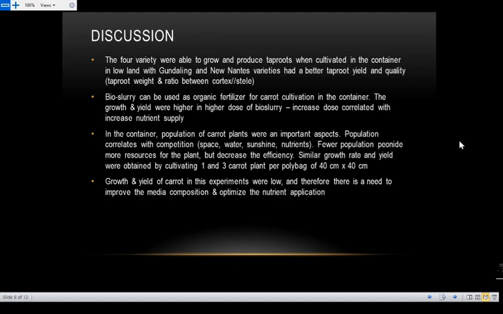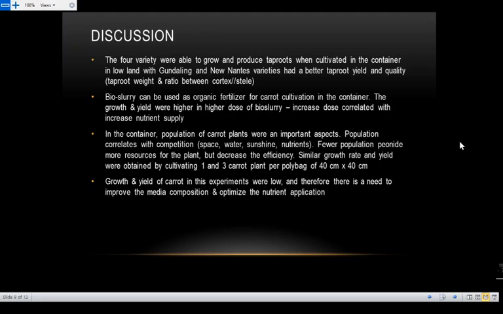In the container, population of carrot plants is an important aspect. Population correlates with competition in space, water availability, sunshine, nutrients, and other factors. Fewer plants provide more resources for each plant, but decrease the efficiency. A similar growth rate and yield were obtained by cultivating 1 and 3 carrot plants per polybag.